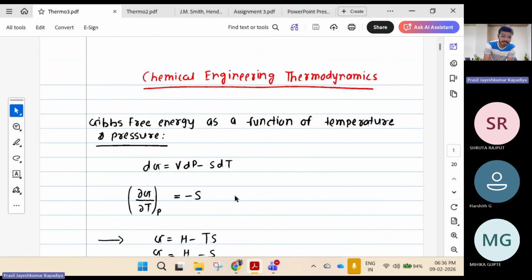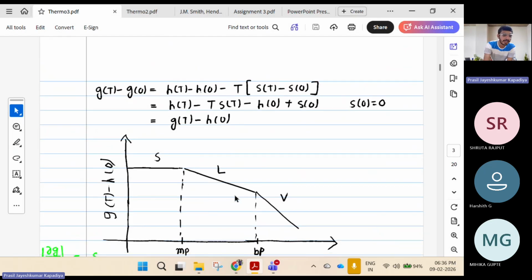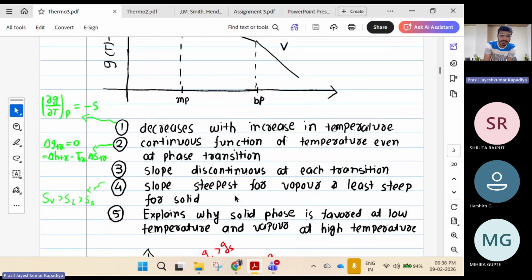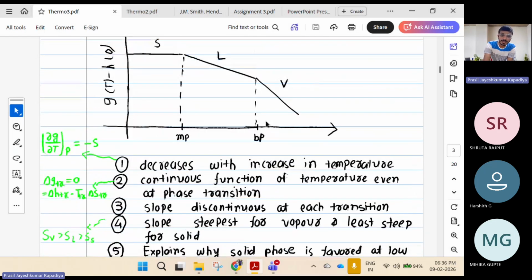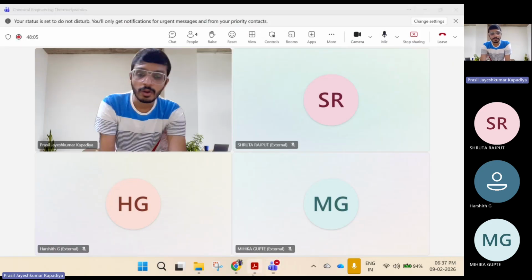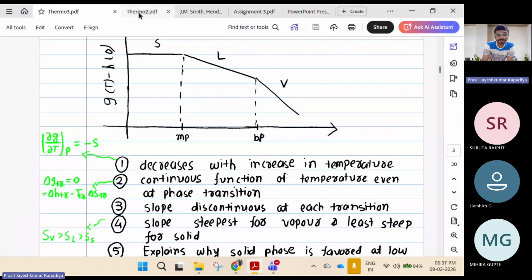So it does not increase, but it decreases with increasing temperature. And one more point was that the slope is steepest for vapor. Why is it steepest for vapor? Because the slope is minus S and entropy is highest for vapor. So the slope is very high for vapor. So that's why the curve is steeper for vapor than for liquid and solid. Okay. Clear to everyone?